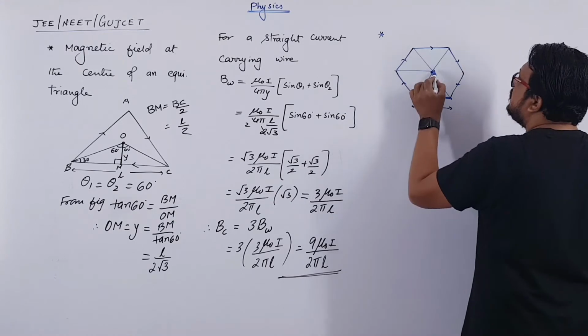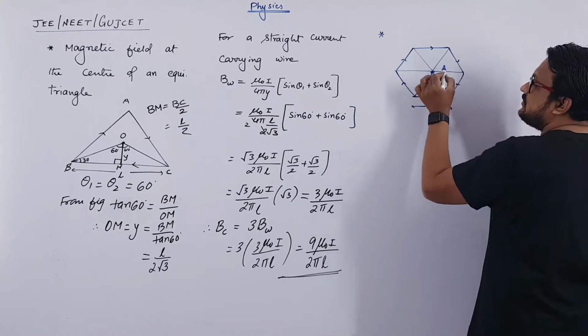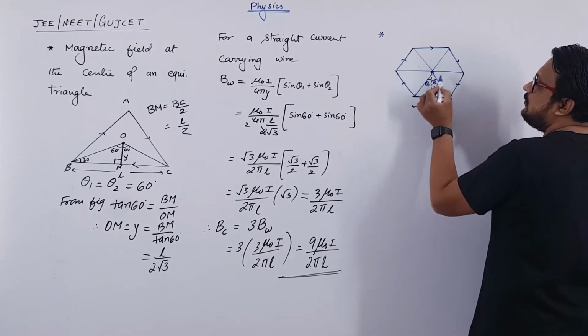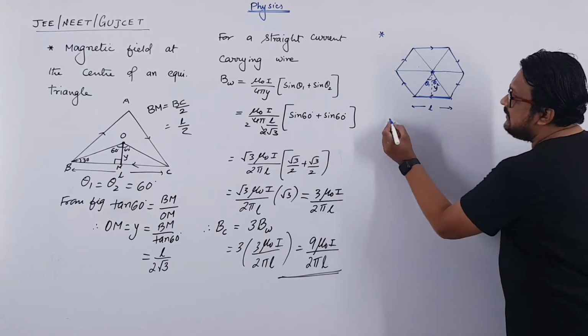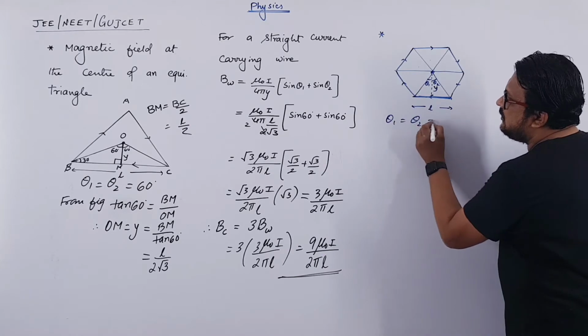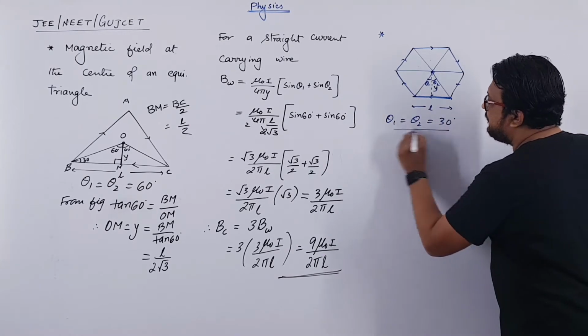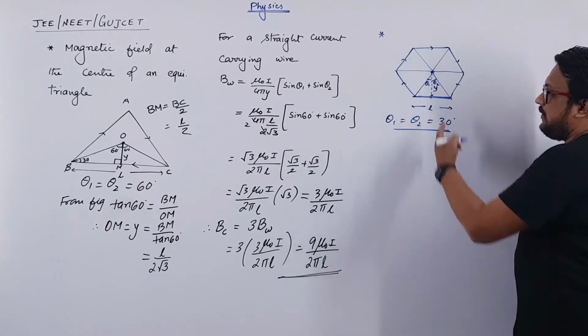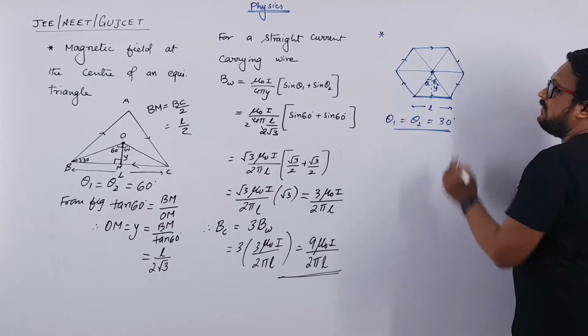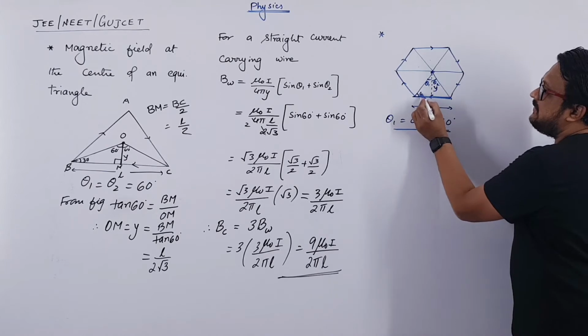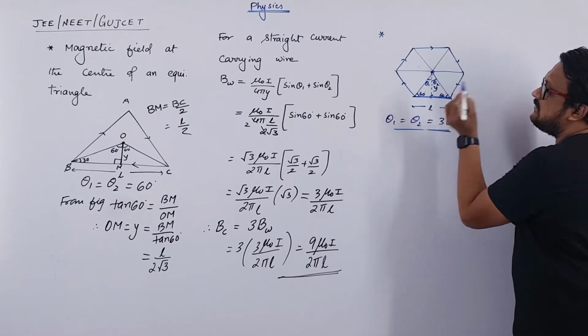If you draw all these things, this total angle is 360. 1, 2, 3, 4, 5, 6, so total 6 are there. So 360 by 6 is 60. So in this case, theta 1 will be equal to theta 2 and that is equal to 30 degrees. You can easily find Y. This is L by 2. This is 30, this is 90, so this will be 60 and this is also 60, right?